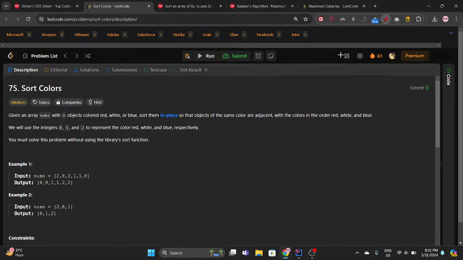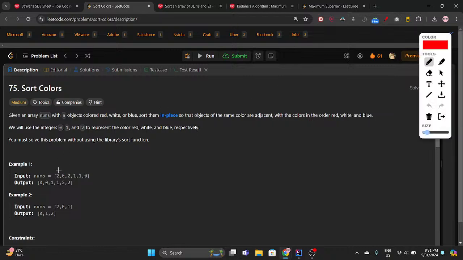let's get the drawing out. 0 pointer over here, 1 pointer over there, 2 pointer over here. Since the value over here is equal to 2, we will swap it, which will create an array of 0, 0, 2, 1, 1, 2.